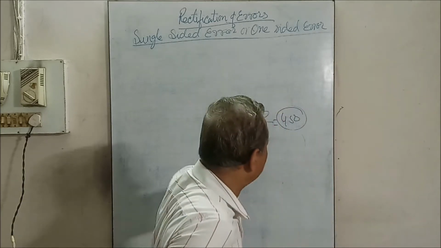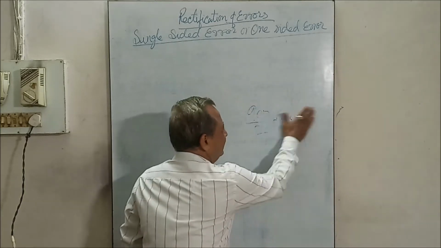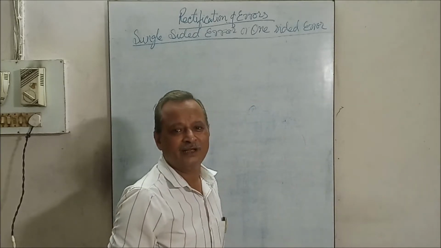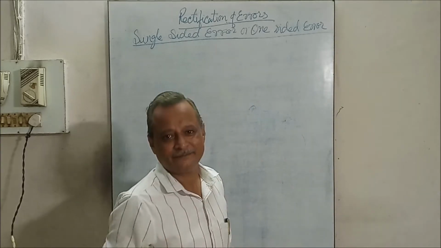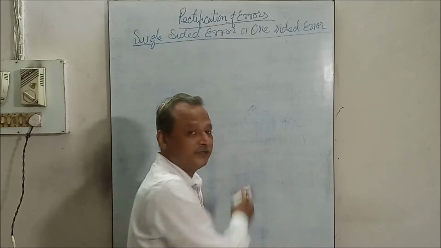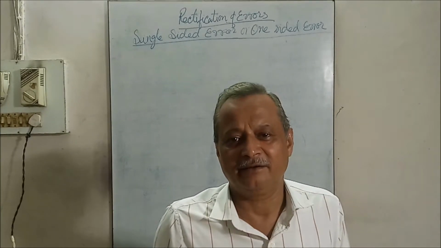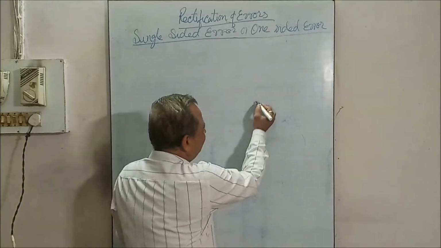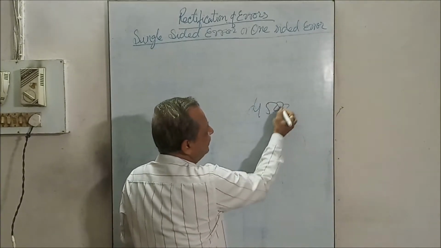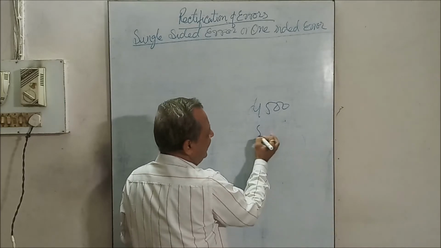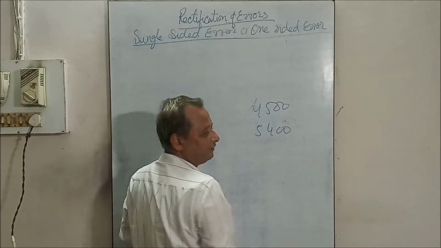But if it is not divisible by 2, then you divide it by 9. Suppose there are digit mistakes, an arithmetical error. In place of 4,500, it was entered as 5,400.